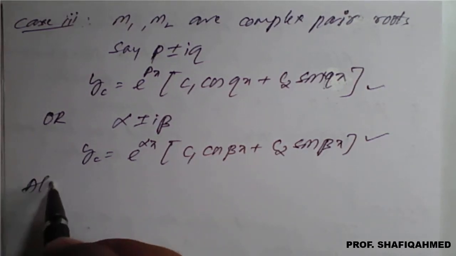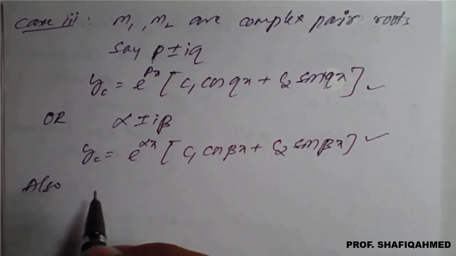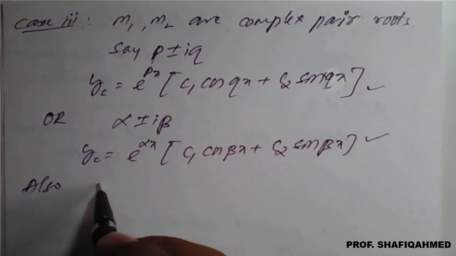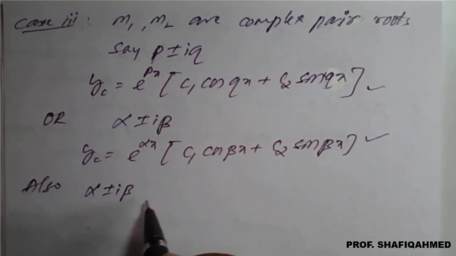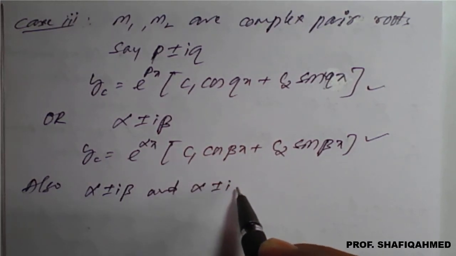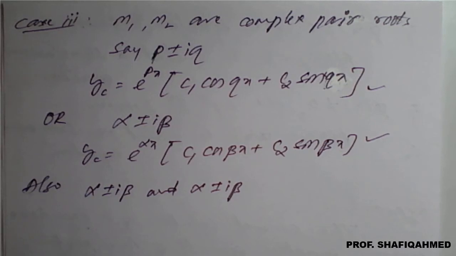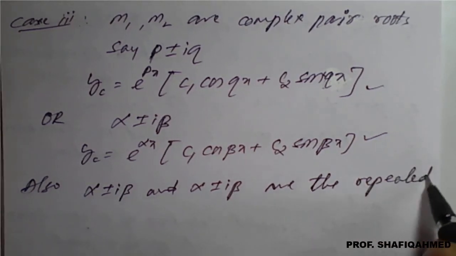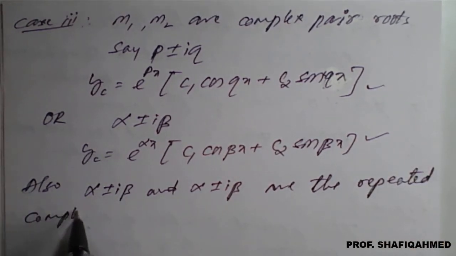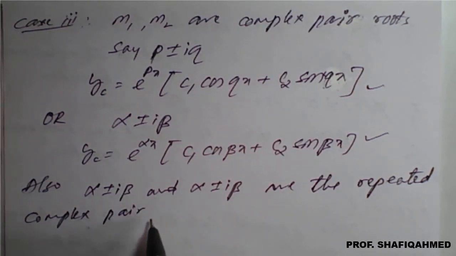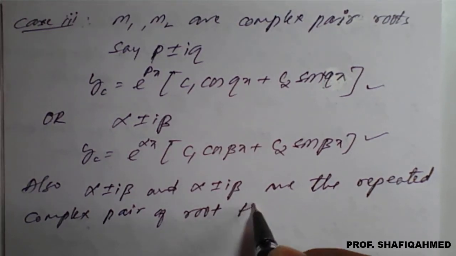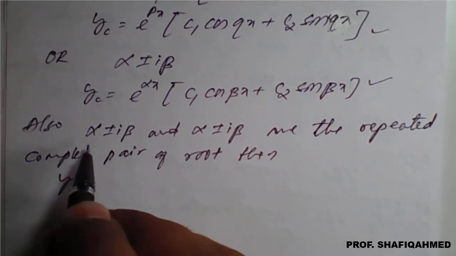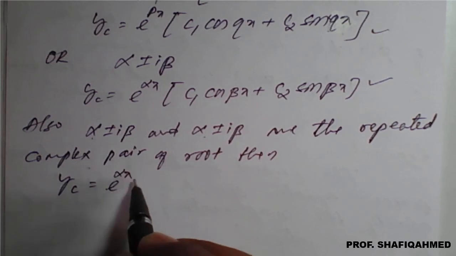Also, if we have two pairs of complex numbers, just see here: alpha plus i beta, and one more of the same pair, alpha plus i beta, repeated. Then these are repeated complex pair roots, and the complementary function yc is given by e raised to alpha x common, since alpha is the same.